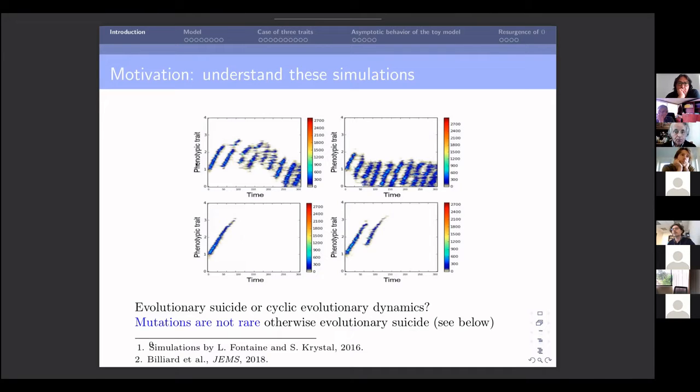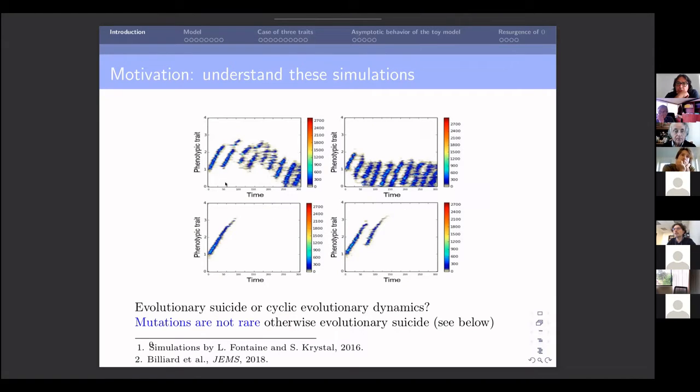This represents the time dynamics of a population. You may think, for example, of the traits as representing virulence. In the same model, you can have very different dynamics, like all those.